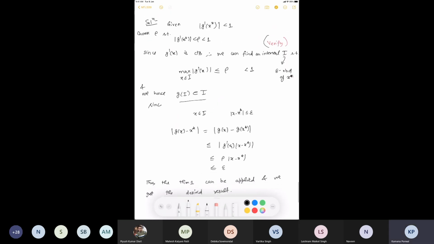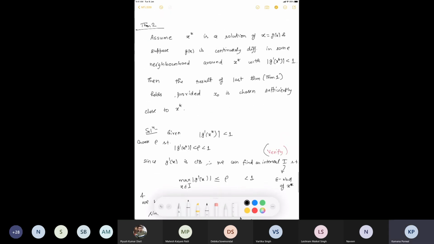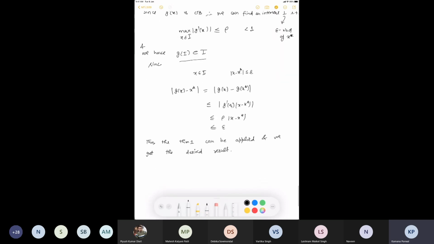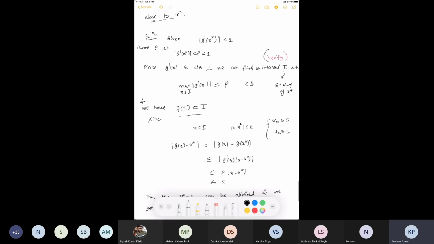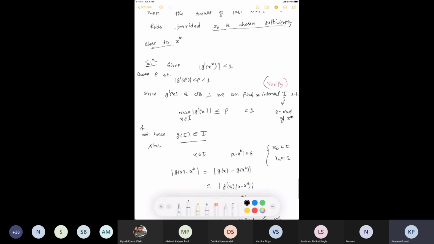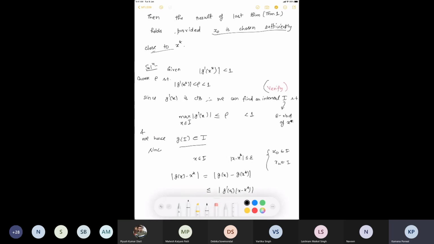Okay, and note that this statement is also justified here because when we generate the sequence, we are going to take x naught in I, and then we will see that each of the xn is going to be in I. So x naught is in I, meaning |x star minus x naught| is less than or equal to epsilon. So this means that x naught is sufficiently close to x star.